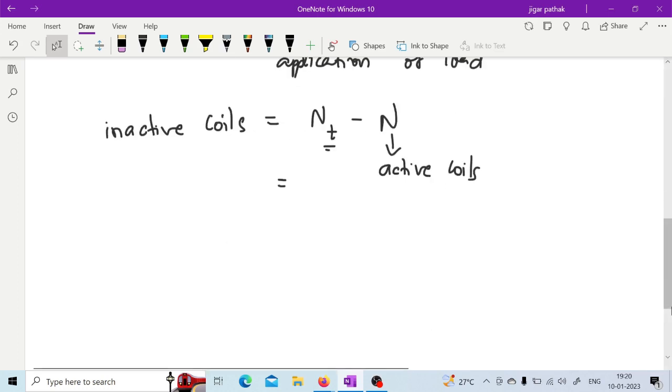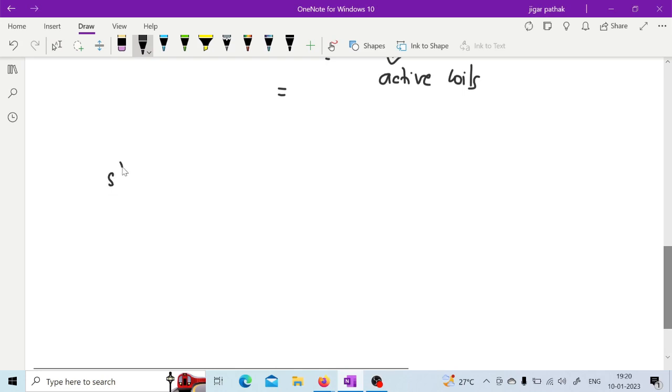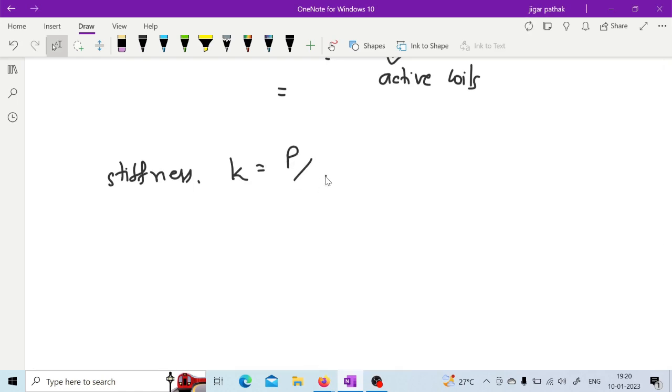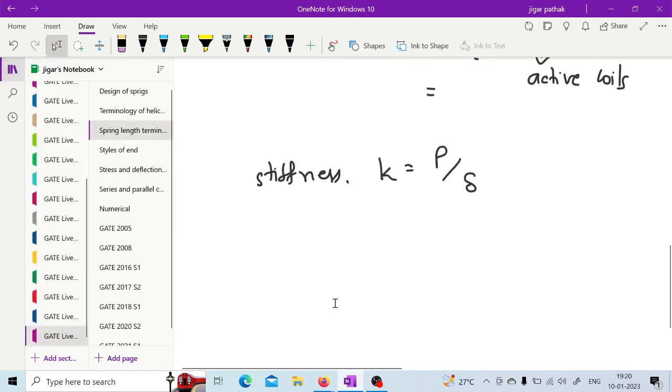Now in case of a spring, one more important term is stiffness. Stiffness is nothing but load per unit deflection. So these are some of the basic terms and terminology related to the helical spring.